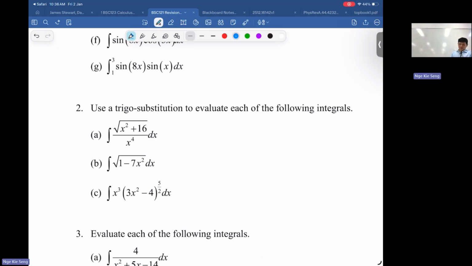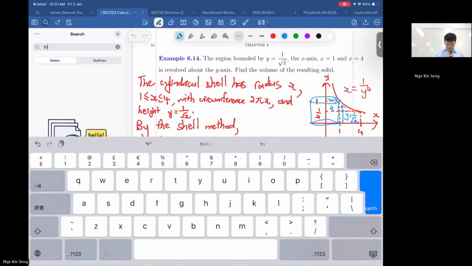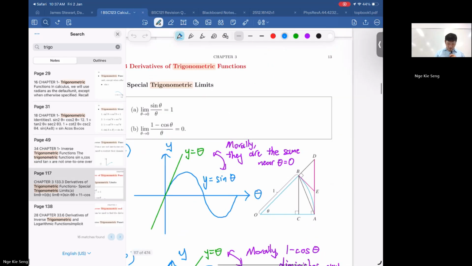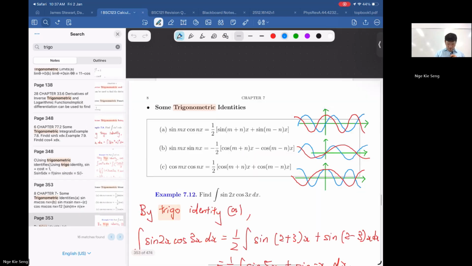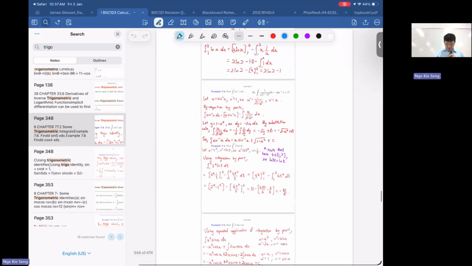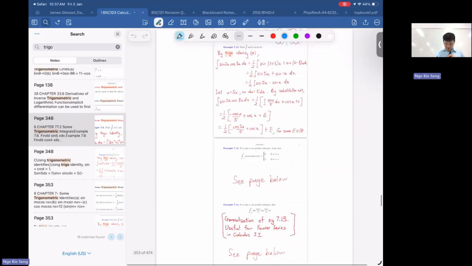The integral of square root of x squared plus 16 over x plus 4 dx. Okay. So now this question is very straightforward, right? It asks you to use trigo substitution. So you go to the trigo section and have a look. There's a table that suggests what to substitute.